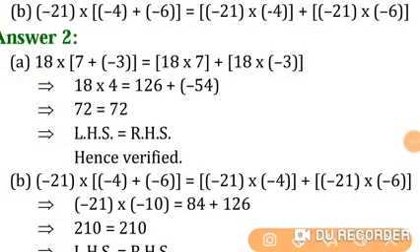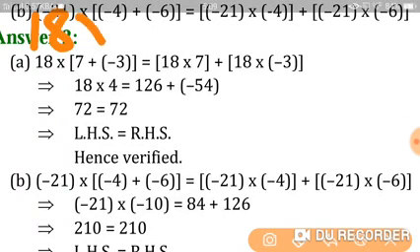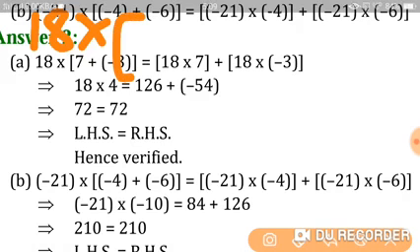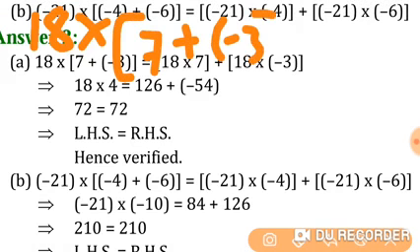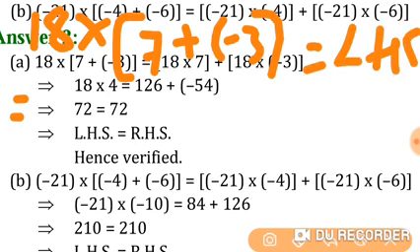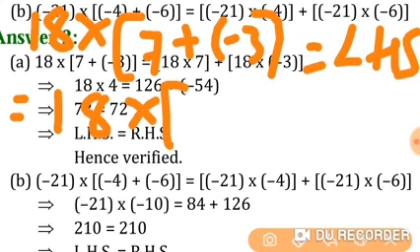See, first I'll always take the 18 into 7 plus of minus 3. Okay, remember this is correct or not. We take it as LHS because it is the left hand side. So 18 I'll keep as it is. Bracket we have to solve first. 7 plus of minus 3.